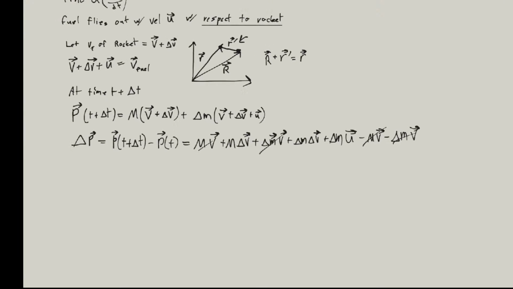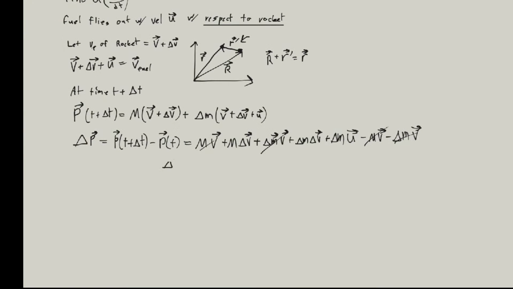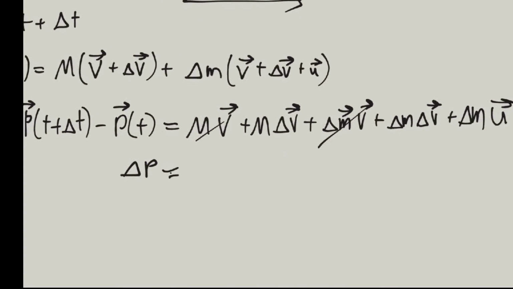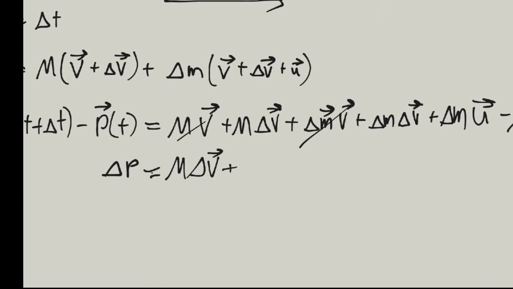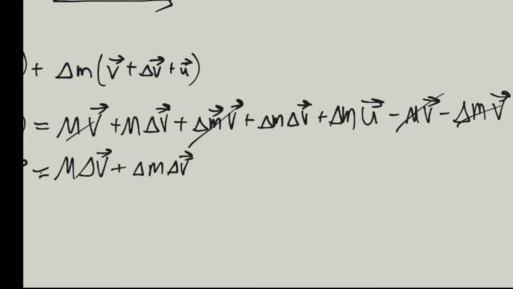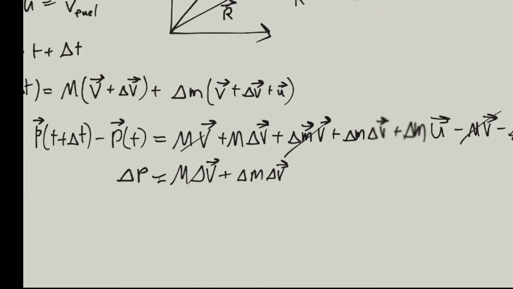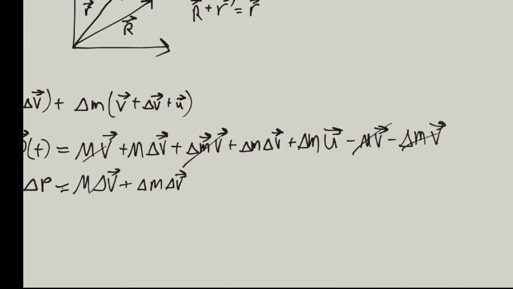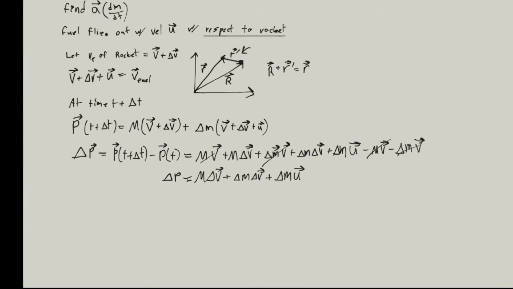So we'll be left with the change in momentum, delta p, equal to m times delta v, we're not doing the d's yet, plus delta m times delta v plus delta m times u. And yeah, I think that's it. So this is our delta p.